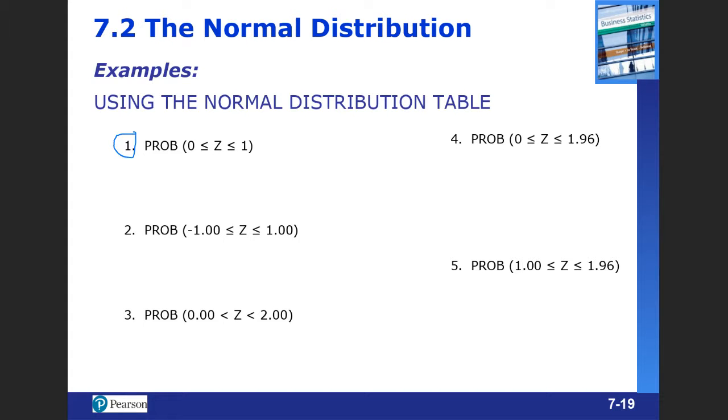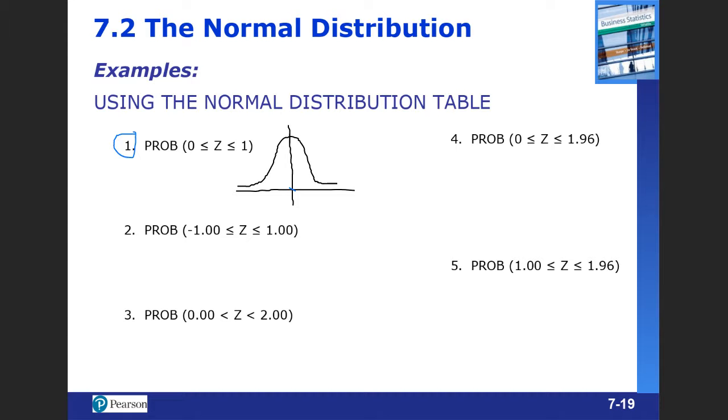Now again, when you start doing your normal distribution calculations, the first thing you have to do is draw your curve. So get into the habit of drawing a bell-shaped curve. It does not have to be perfect, but try to make it look symmetric. Okay, now I'm going to mark the values that are given. Z is between 0 and 1.